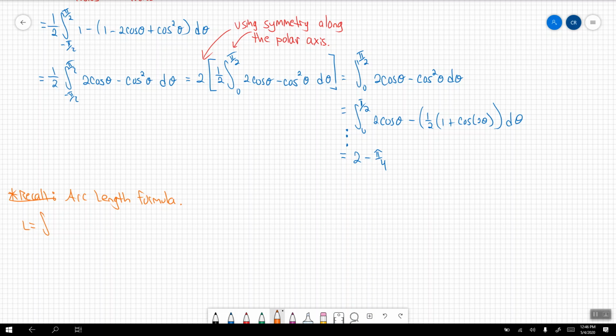We went from some alpha to some beta, and this was, let's say, dx dt squared plus dy dt squared, and that was the square root of this, with respect to t. So this was an arc length formula when we were doing a parametrization.